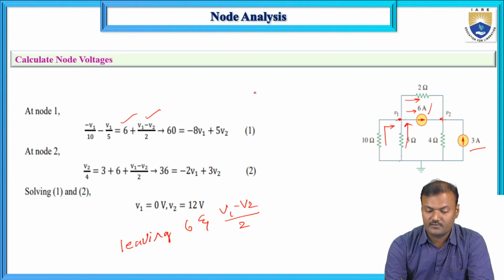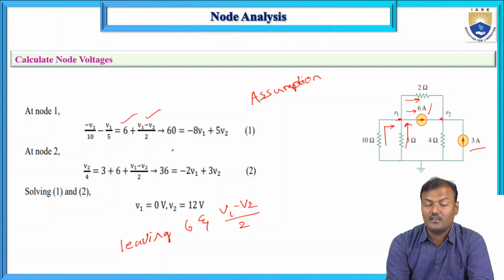Based on our assumption, we are writing the equations. Accordingly, the polarities are going to be changed. That is, minus 8V1 plus 5V2 is equation 1.